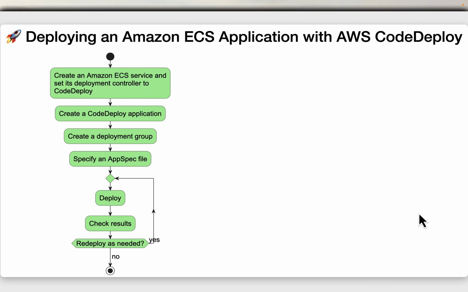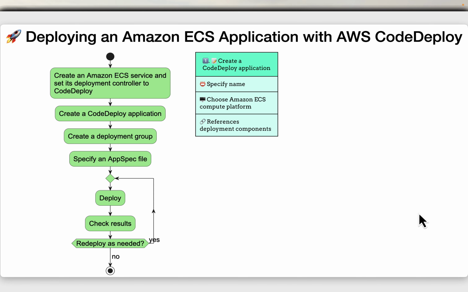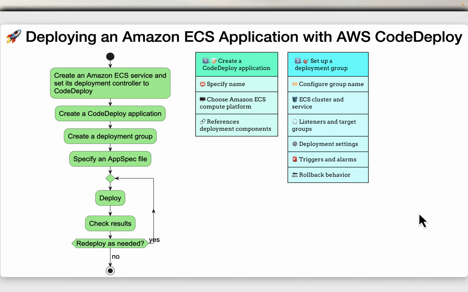Now the similar procedure for deploying on ECS with CodeDeploy. You create a CodeDeploy application. You specify a name and choose the Amazon ECS compute platform for the application, which references deployment components. You set up a deployment group, configuring the group name, ECS cluster and service with the CodeDeploy controller, listeners, target groups, deployment settings, triggers, alarms, and rollback behavior.